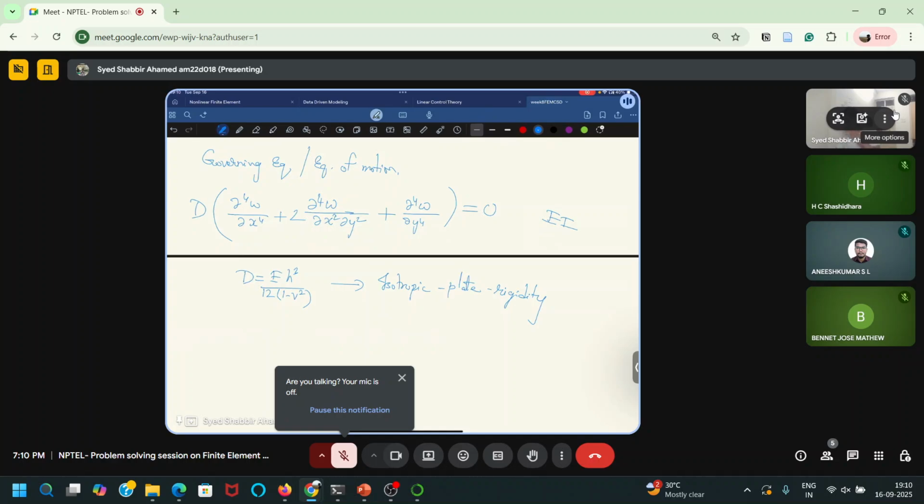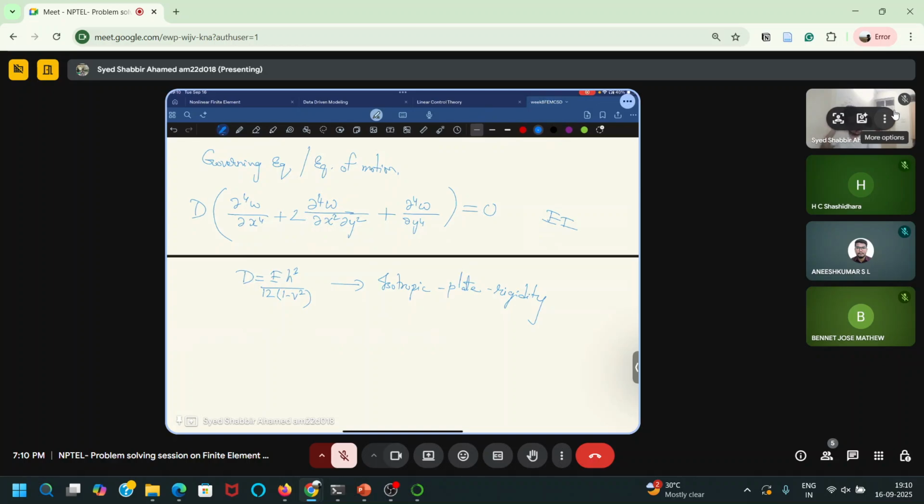Various things are there, but not every time you can do that. An analytical solution is not possible for every domain. So we have to go to some kind of numerical solutions which are easier, which can be done by computers. So that's what we were looking at.